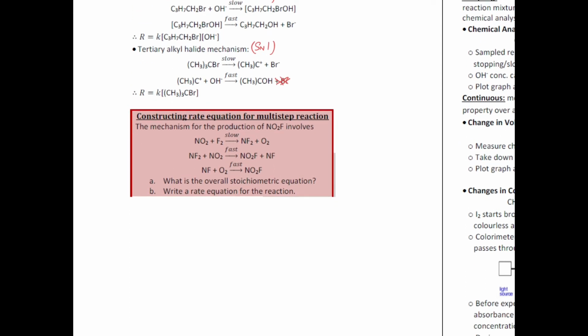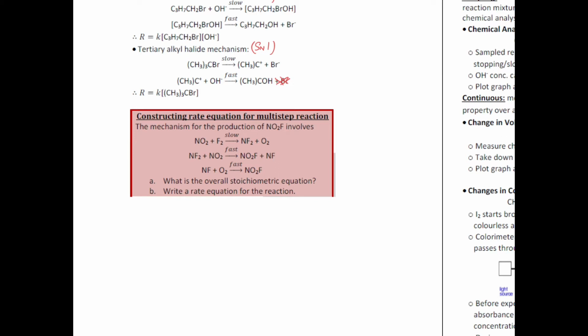One quick example again. Constructing rate equation for multi-step reactions. The mechanism for the production of NO2F involves 3 of these steps. Now, A, what is the overall stoichiometric equation? So that means the overall equation.